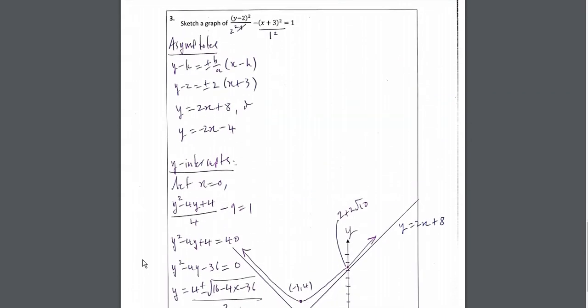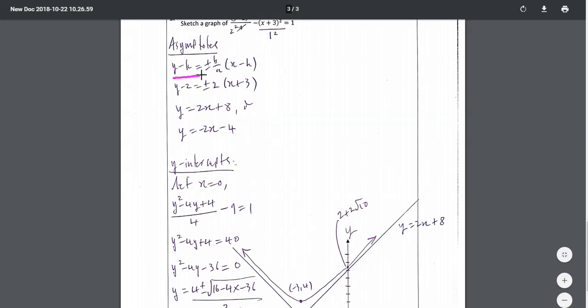All right, so we write down the general equation for our asymptotes. We substitute in the appropriate values. So y minus k is y minus 2, and x minus h is x plus 3.